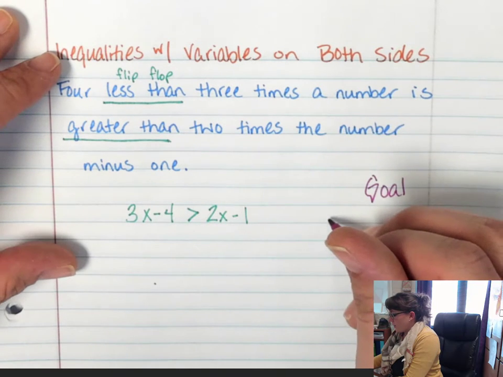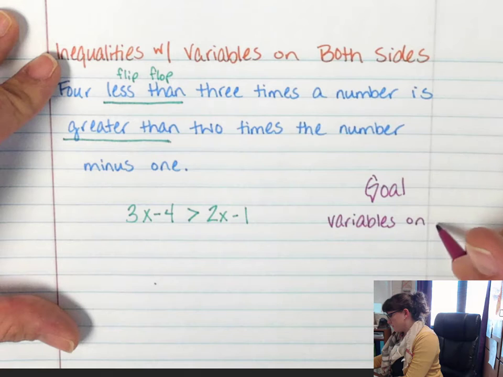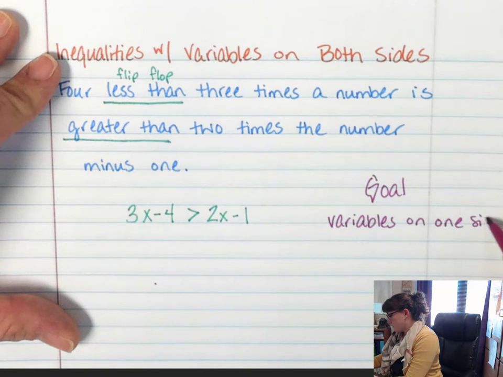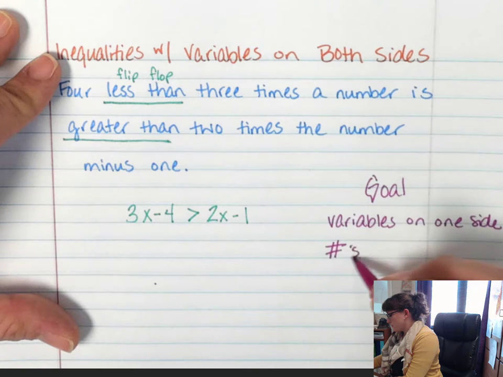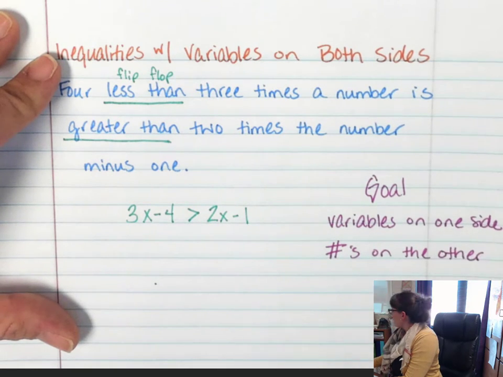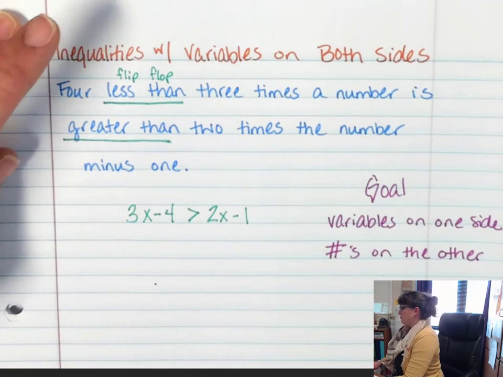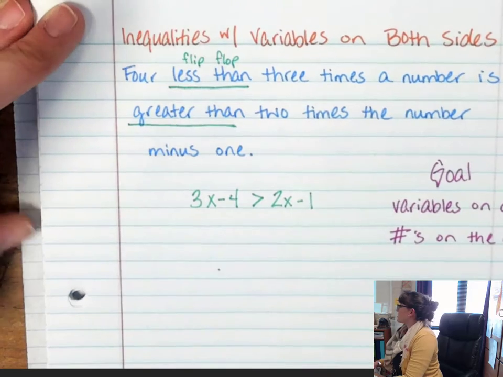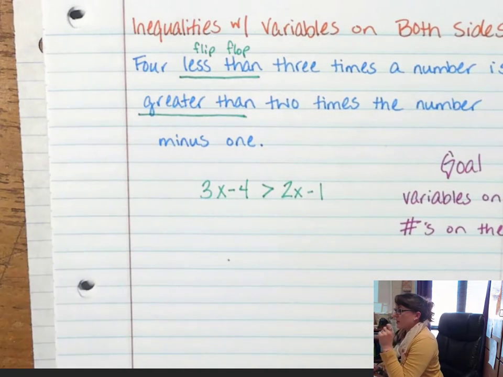Your goal is for variables to be on one side and numbers on the other. There's no specific do subtraction first, do division. You have to do adding and subtracting first. You do have to do that, but y'all know that.